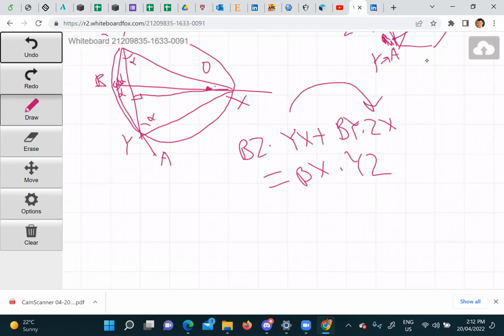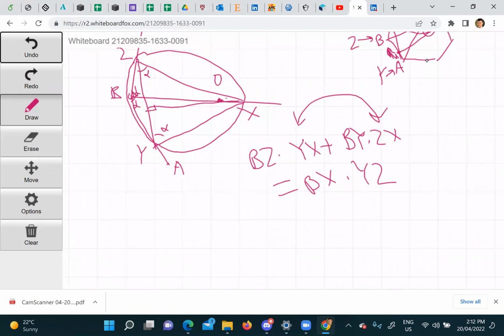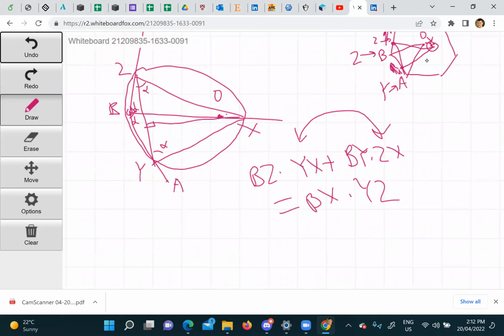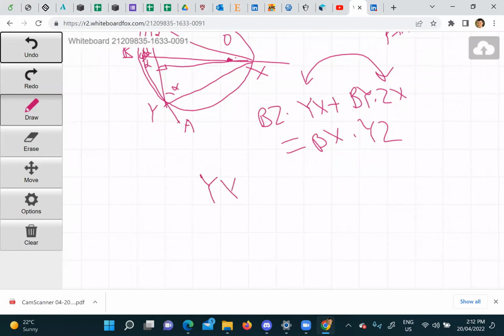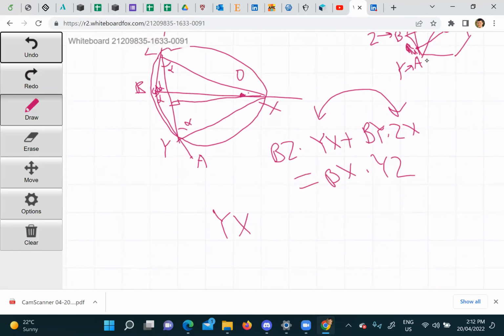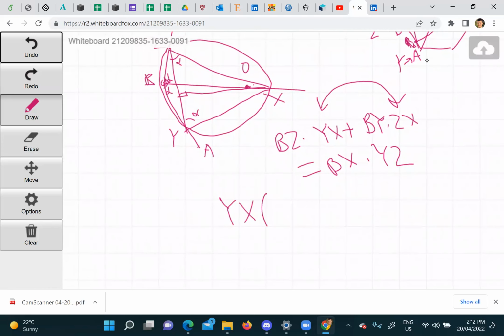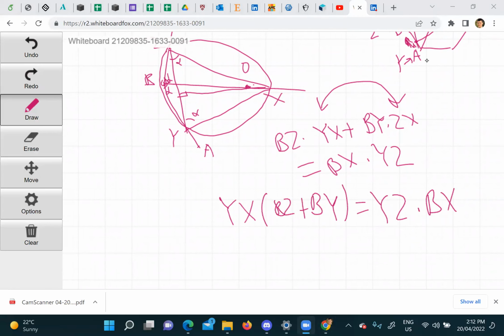Okay, so we know stuff. We know these two are equal, YX, ZX are equal. So let me just write this as YX times BZ plus BY equals YZ times BX. YZ is fixed, so is ZX.